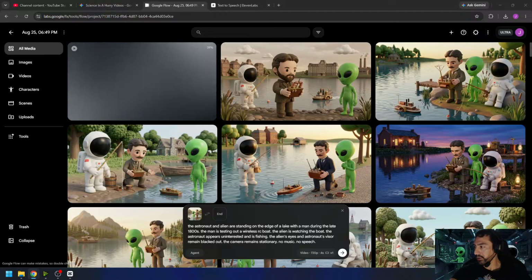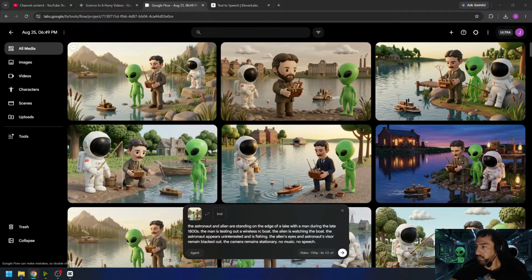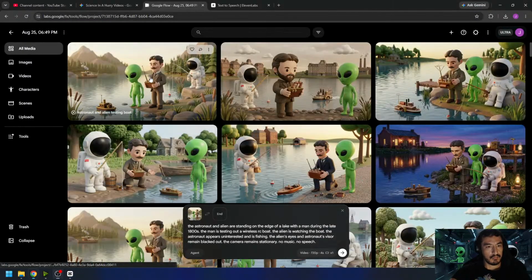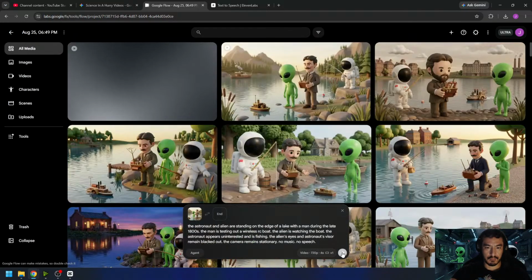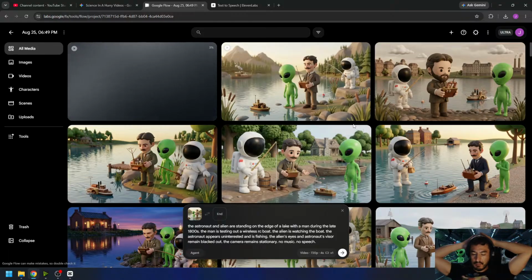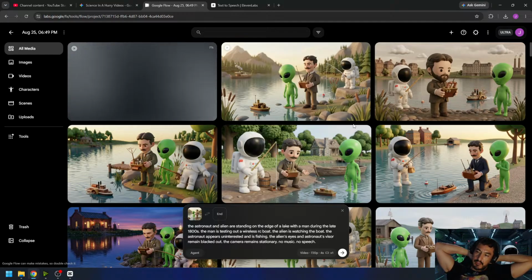While that is loading, I'm going to check something else here really quick. Okay. Well, that one would have been not too bad, but you could see here he's got a third hand popping out of nowhere. So redo the scene. Hopefully it'll turn out a little bit better.